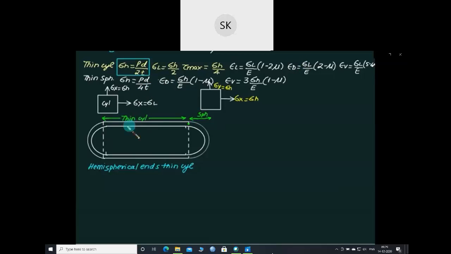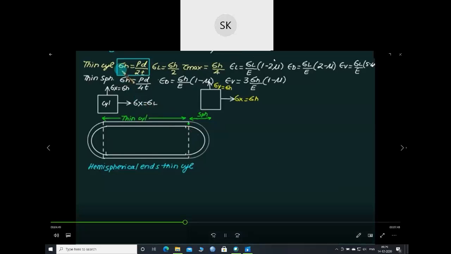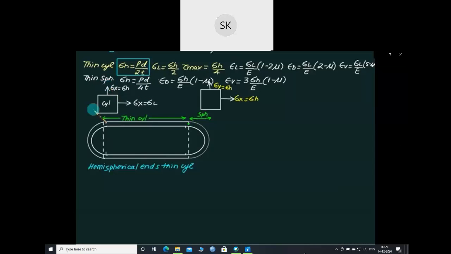But the design of the cylinder is based on PD by 2T, whereas the design of the sphere is based on PD by 4T, while pressure and diameter remain the same, and the material remains the same. So for the same value of the hoop stress, that is the same value of sigma allowable, SYT divided by FOS, the thickness for the cylinder will be different from the thickness for the spherical part. So if I say this thickness is TC, C for cylinder, and this thickness is TS, they cannot be the same.